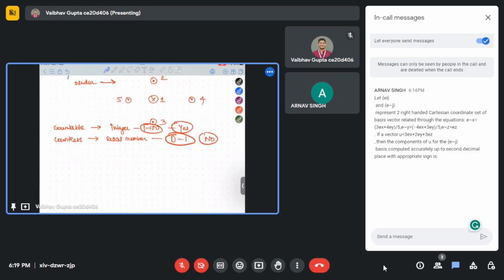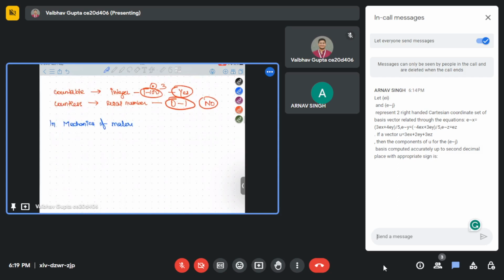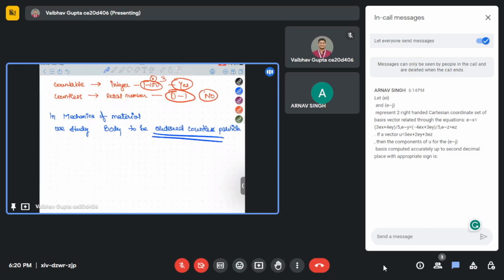So in our course, in mechanics of materials, we study a body to be made of ordered countless particles.